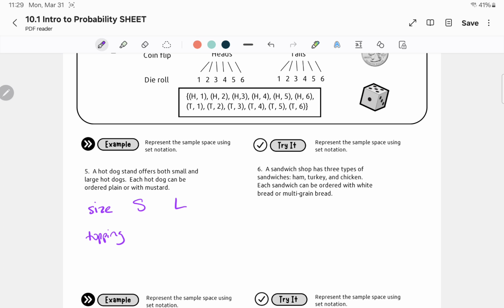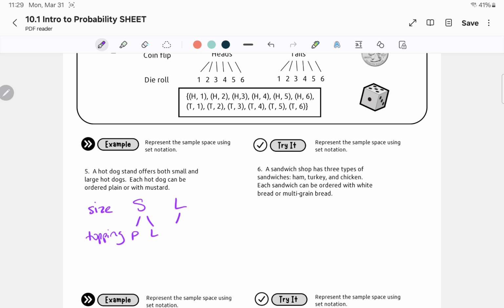Let me back up. Each possibility for the first event is going to have the choices for the second event. So we have to make sure we have plain and mustard off of both sizes, if that makes sense.